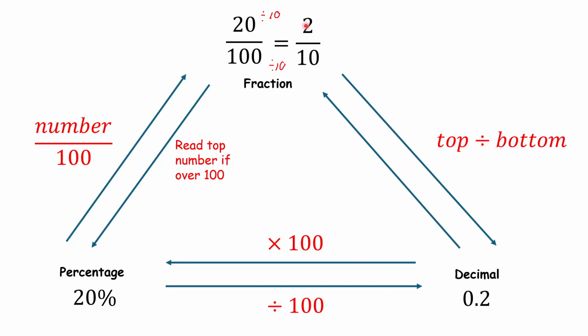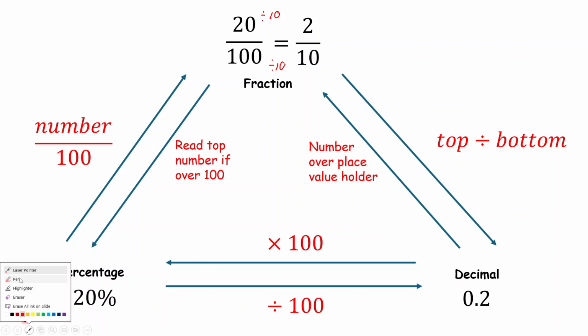So here we're doing 2 divided by 10, which is 0.2. And then to go back from a decimal up to a fraction, you do the number over the place value holder. The 2 is in the tenths column, hence it's 2 out of 10.